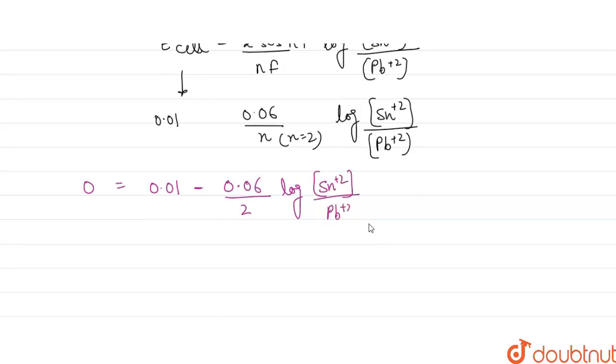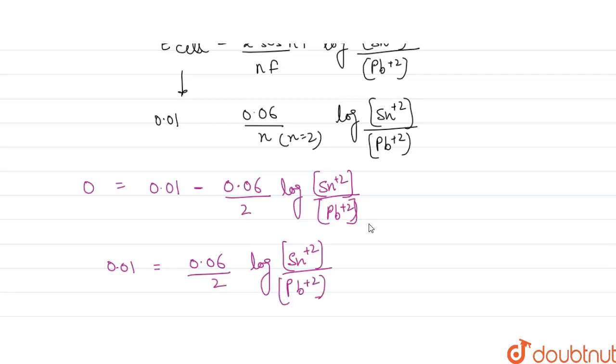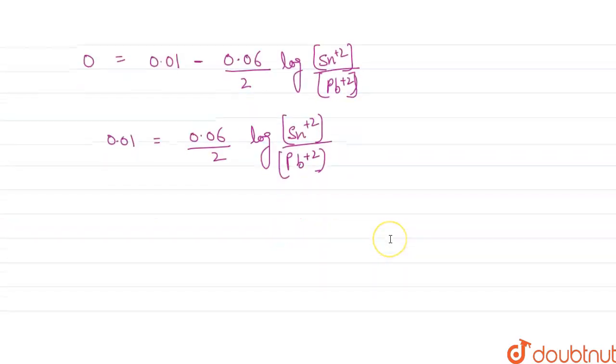Now if we solve this equation, we can take this on the right hand side, so this value becomes 0.06 upon 2 log Sn2+ upon Pb2+.